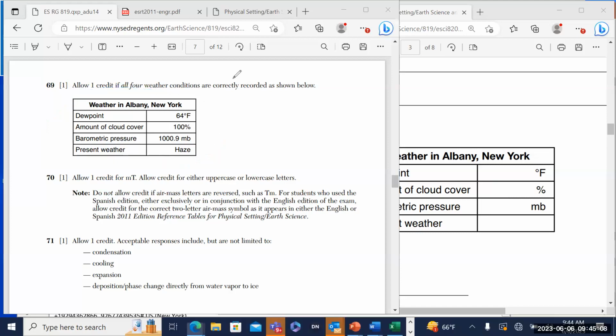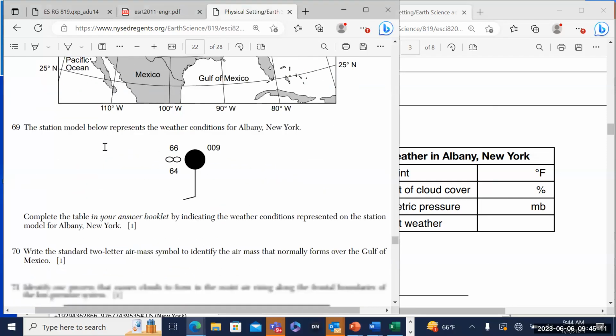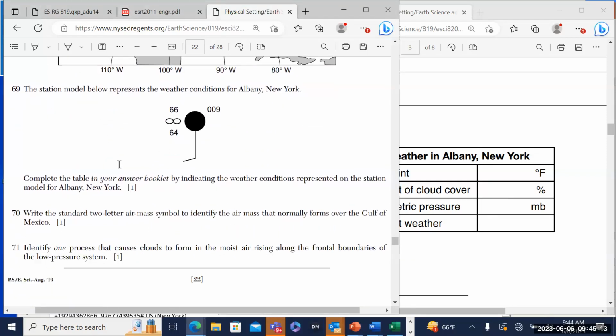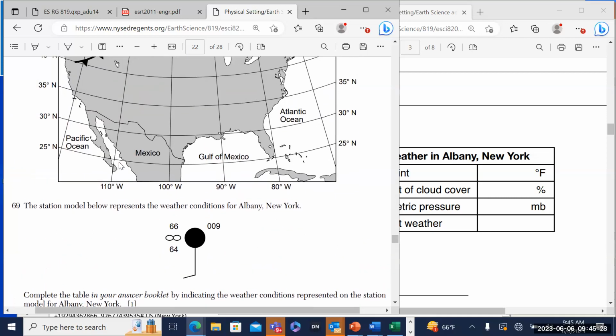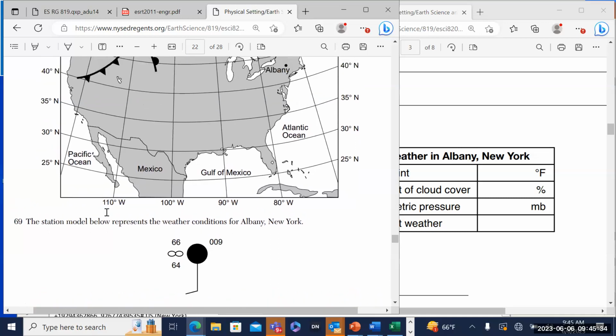It says write the standard two-letter air mass symbol to identify the air mass that normally forms over the Gulf of Mexico. All right. So I see the Gulf of Mexico is located right here, right?